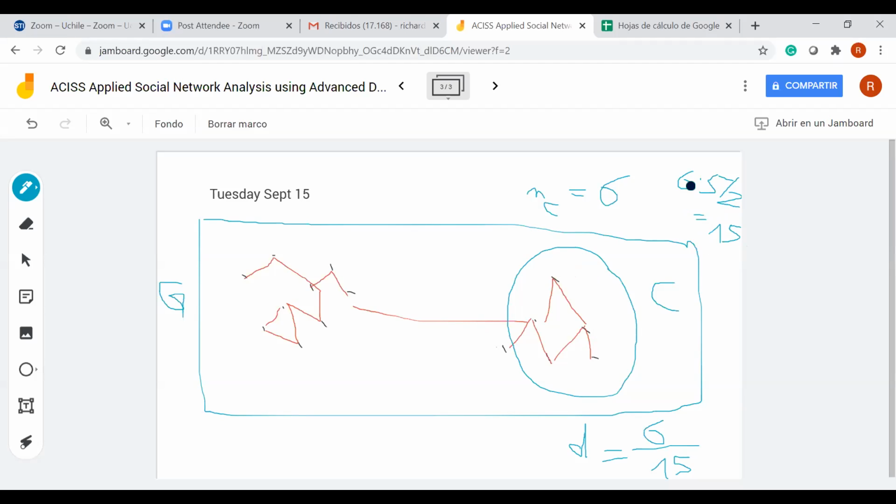So we have 6 nodes, each one of those with 5 other nodes, divided by 2, because we don't want to count the back and forth twice. Okay, so that's the generic formula to calculate the number of possible links if we have, in this case, 6 nodes. So the density, according to our definition, is 6 divided by 15.